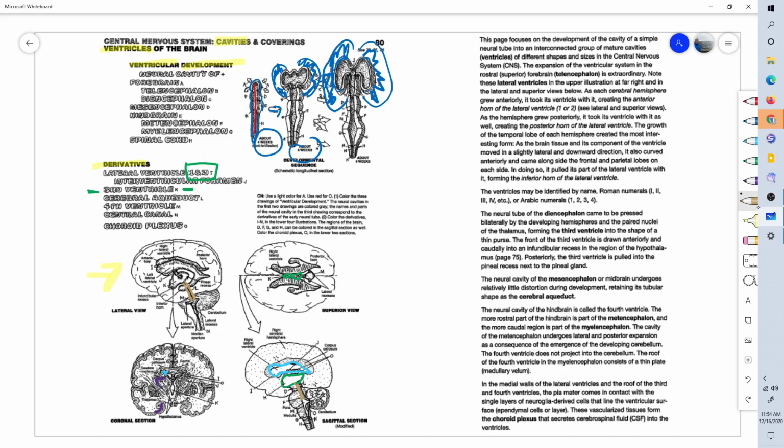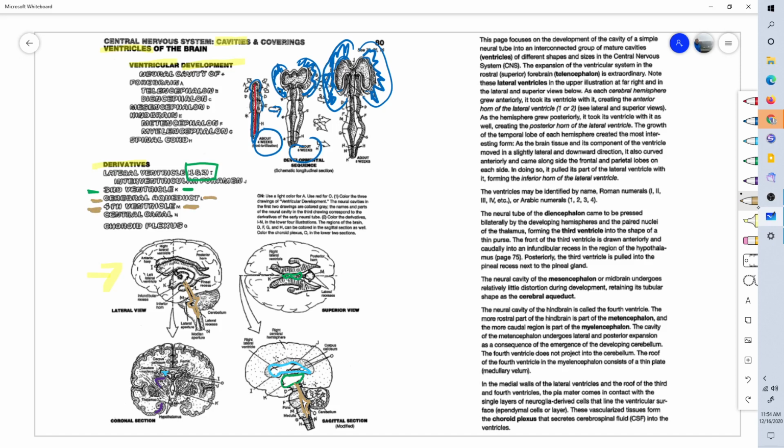And that tube leads to and opens up to the fourth ventricle in the area of the pons and the medulla oblongata. You can see the cerebral aqueduct opening up into the fourth ventricle, a little open space in the area of the brainstem.